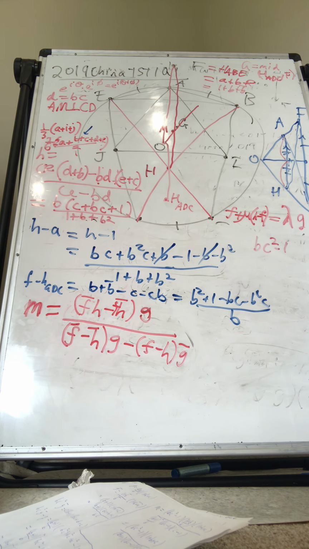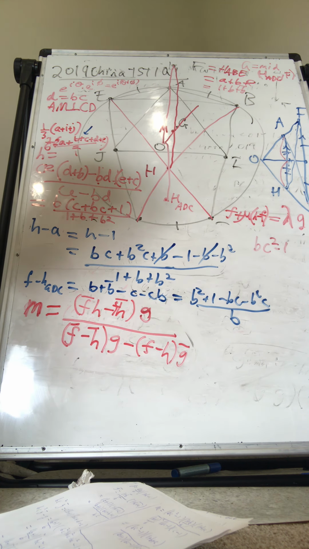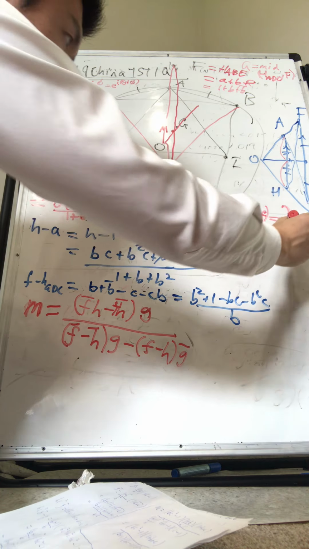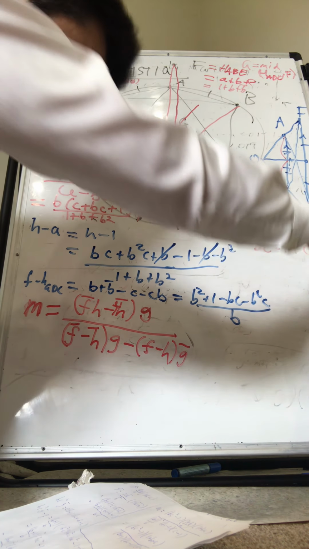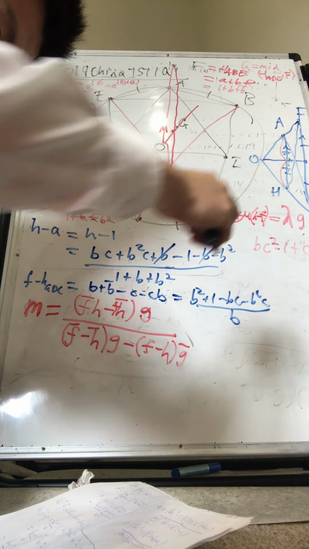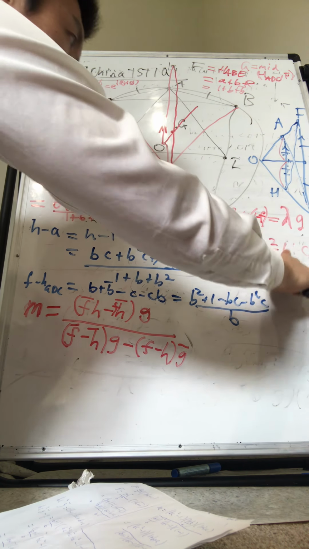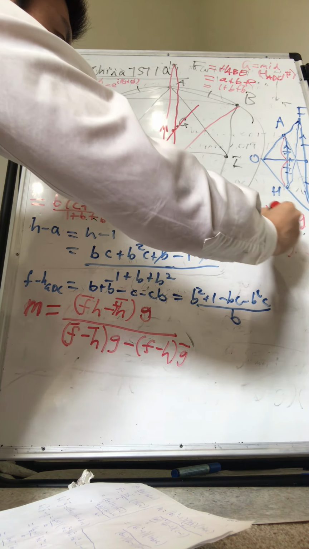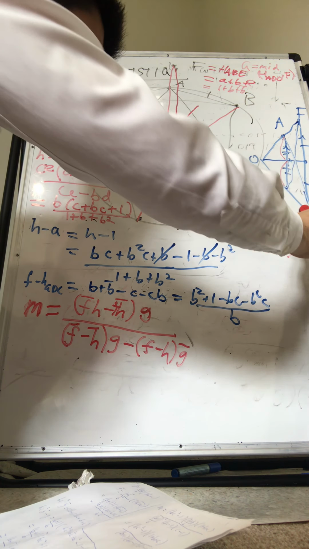Even when you admit defeat, you can't. It's like b squared minus 1 plus cb minus c. Oh wait, no, this is the second last line. B squared minus 1, 1 plus b plus c.